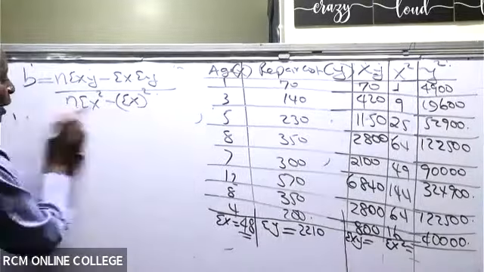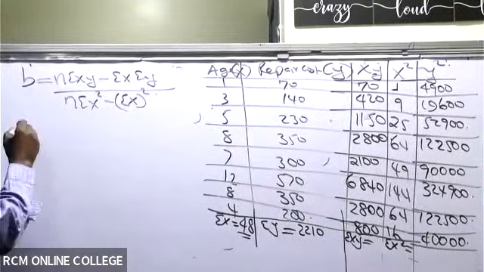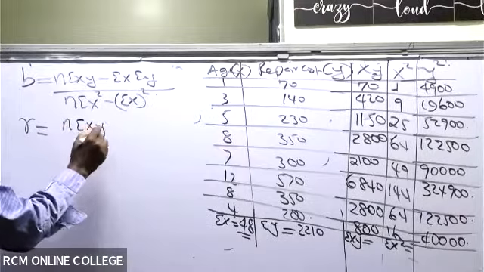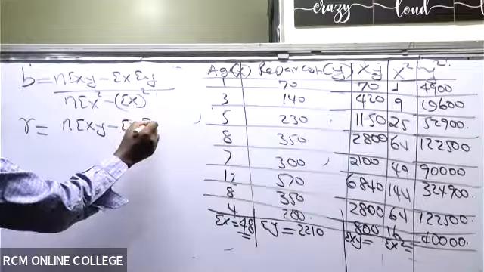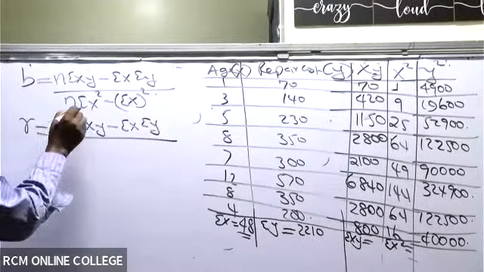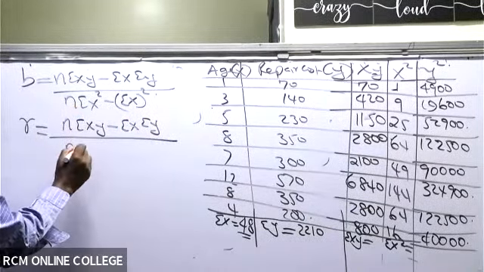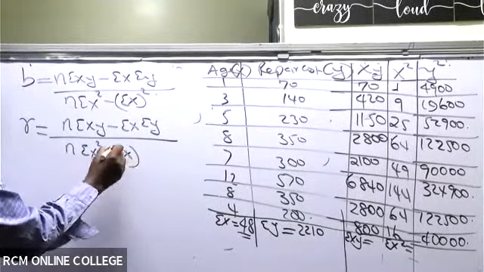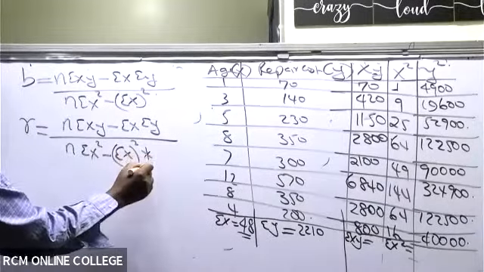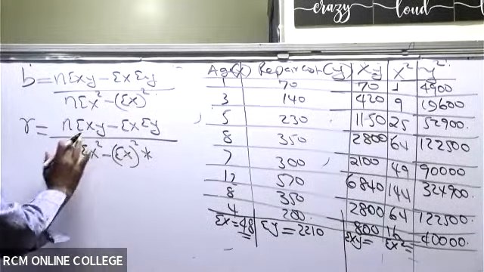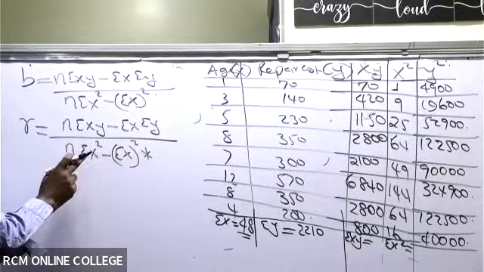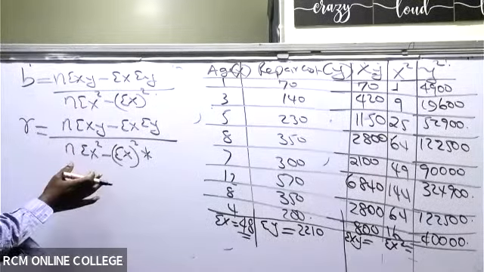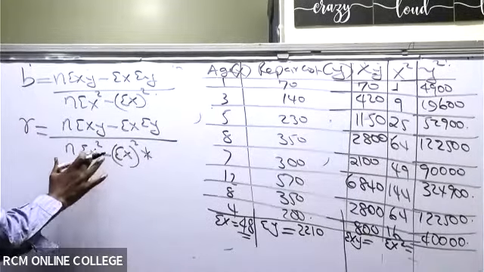To get our R, this is normally what we do. The numerators will be the same: n summation of xy minus summation of x, summation of y, all over n summation of x squared minus summation of x squared, times the same style, but now we replace it with y, because you are correlating two variables.